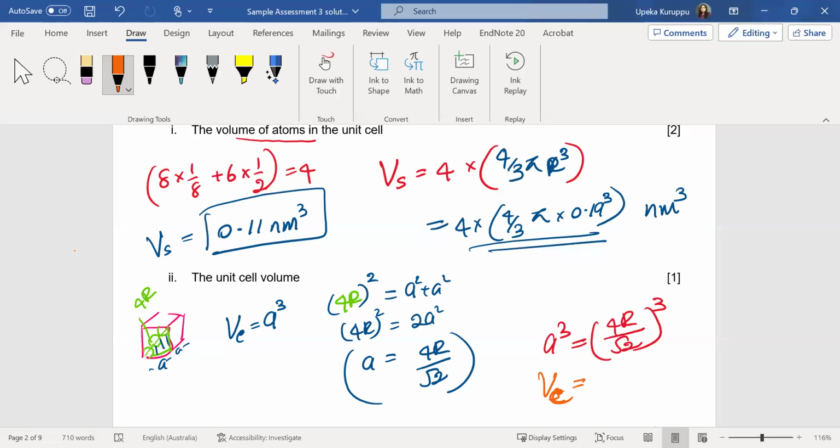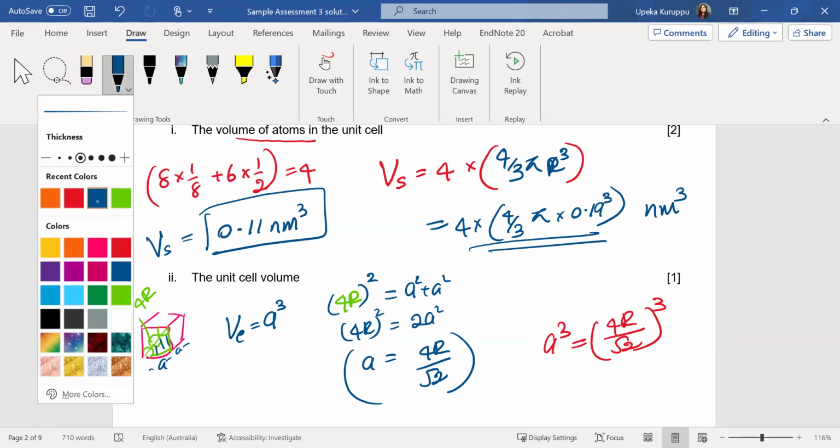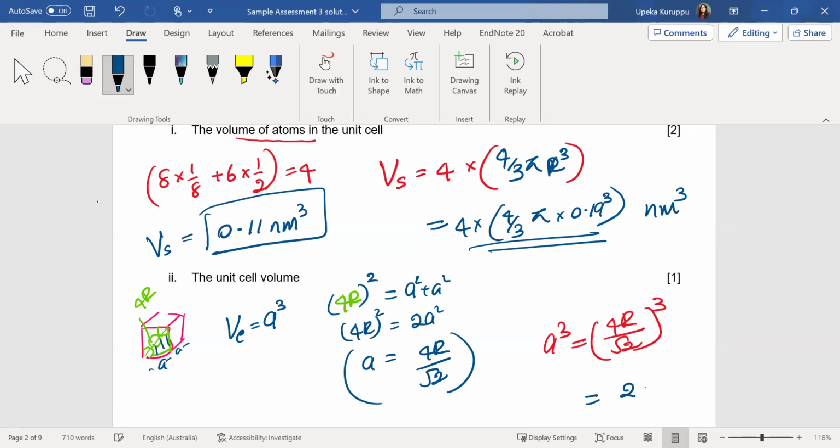That's for FCC. We did it like this. The sheet says the same thing, isn't it? What they have done, they have made this 4 to 2 times 2, r, and you have root 2. So this will cancel out and you get 2 root 2 r cubed, isn't it?